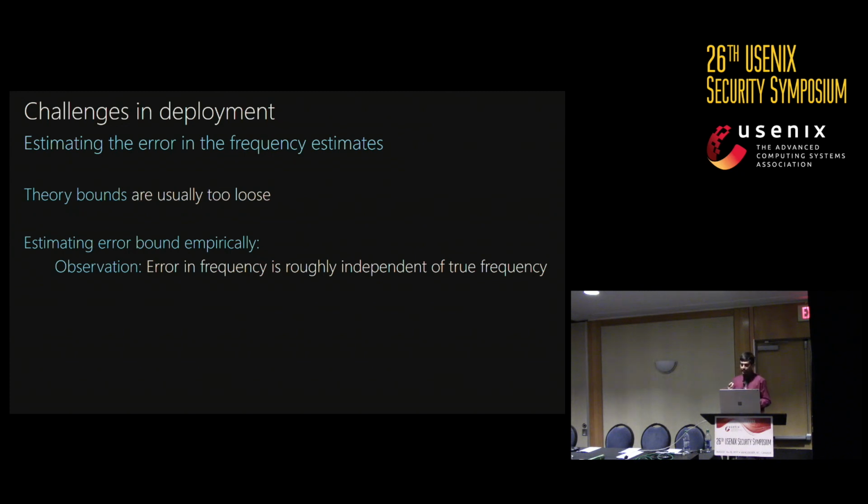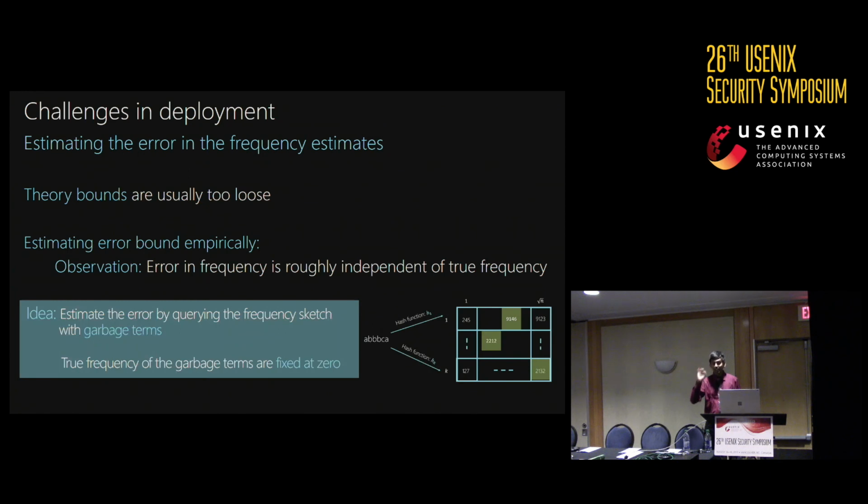Once you have this in your mind, immediately you have a solution, because there is one term whose true frequency you know, and that term is the one that is not there in the data. Its true frequency is 0. So if you hit that term on the sketch object, you are just going to get pure noise, and that will give you the band of the noise you are supposed to get in the experiment. This actually worked.